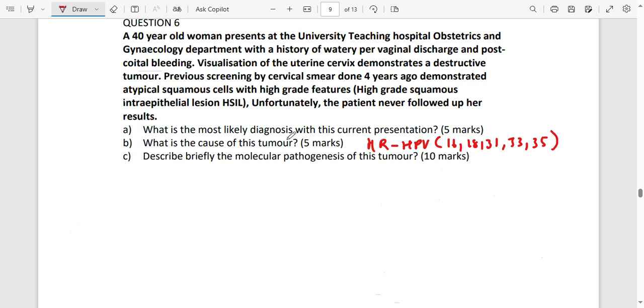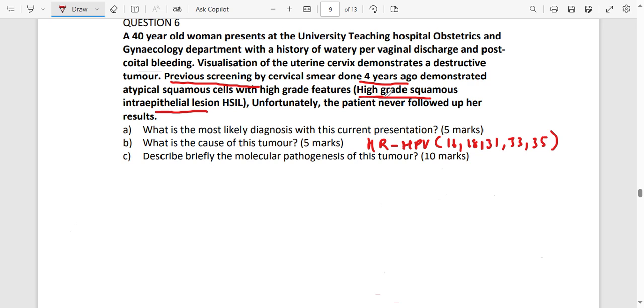Those are the HPVs. And besides that, because it's not just HPV, of course there will be other problems, isn't it? So some other things that can lead to this problem, if you can see here, unfortunately the patient never followed up the results. This patient initially had a high grade squamous intraepithelial lesion, from a previous screening done 4 years ago.